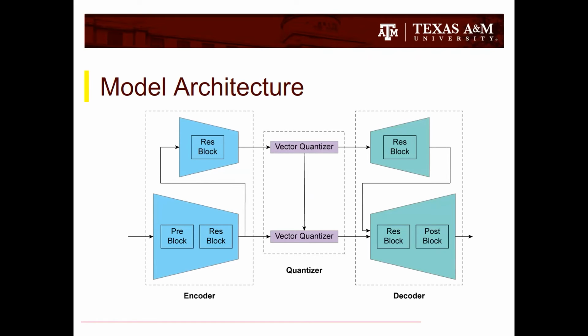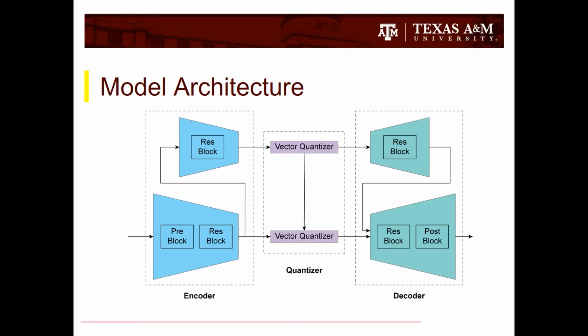Our model consists of three components: an encoder, a quantizer, and a decoder. The encoder basically reduces the dimension of the original data, and it also transforms the original data into a different domain, like a latent space. In this latent space, we have a lot of latent variables, and these latent variables will be quantized by a quantizer.